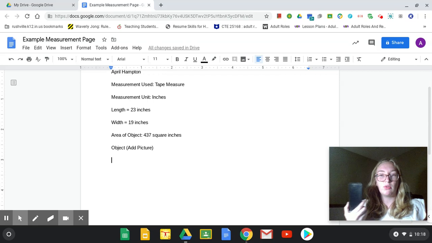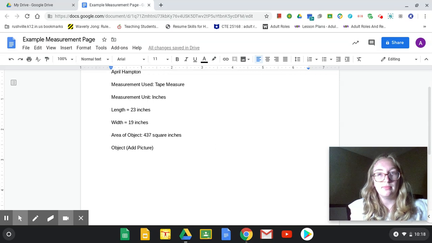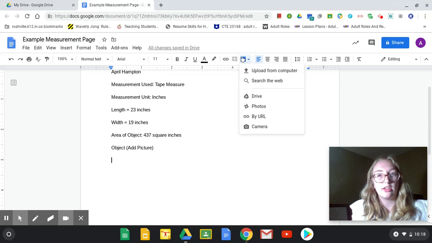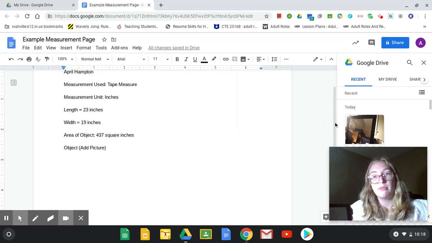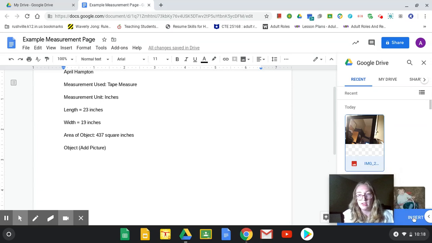Now what I'm going to do is I'm going to add a picture. Now, I took a picture with my cell phone, and what I did is I saved it to my Google Drive. So, what I'm going to do is I'm going to find the insert image. I'm going to click on that. I'm going to scroll down to Drive because that's where I save my photo. It pops up here. Now, my little picture icon here is in the way, so I'm going to have to minimize it.